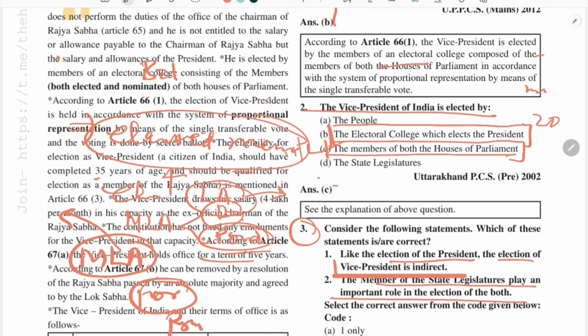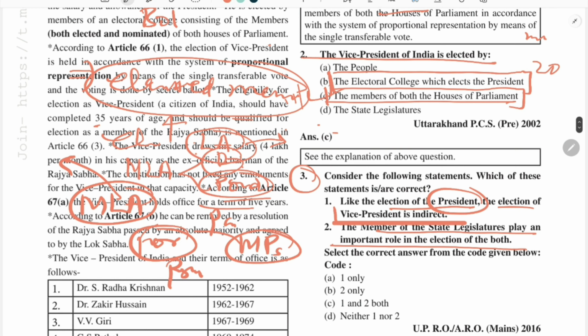And at the parliament level, people vote for the MPs, and in turn these MPs take part in the election of the president. So the election is indirect in the sense that people do not directly vote for the president.